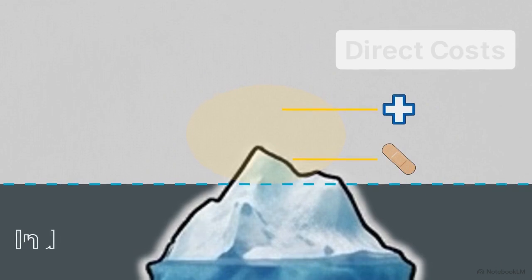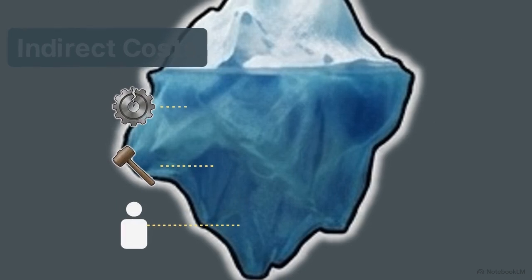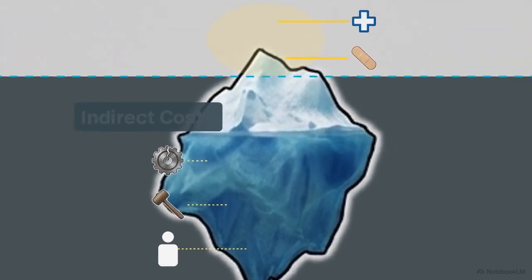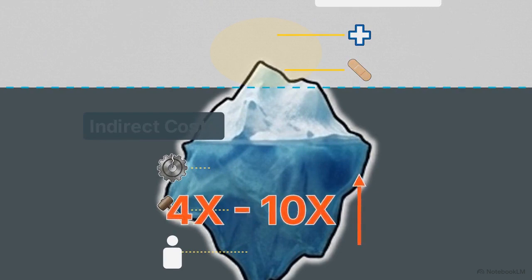The submerged base represents indirect costs. These are the hidden, cascading financial losses triggered the exact moment an incident occurs. This includes total loss of productivity, hours drained by investigations, and the cost of recruiting replacement workers. These hidden, indirect costs operate at a massive multiplier, consistently running 4 to 10 times higher than the initial direct costs.